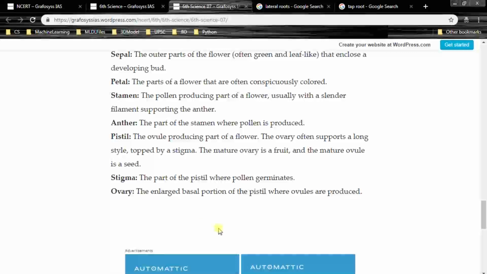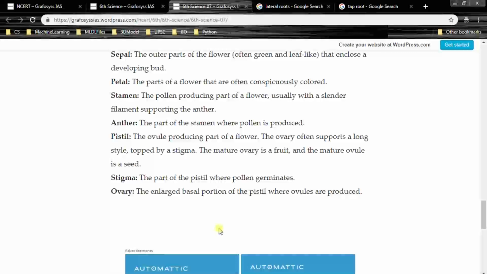The ovary often supports a long style topped by stigma. The mature ovary is a fruit and the mature ovule is a seed. Stigma, the part of the pistil where pollen germinates. Ovary, the enlarged basal portion of the pistil where ovules are produced.